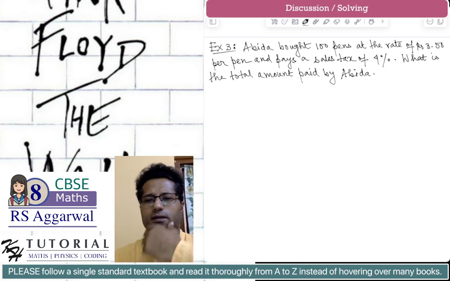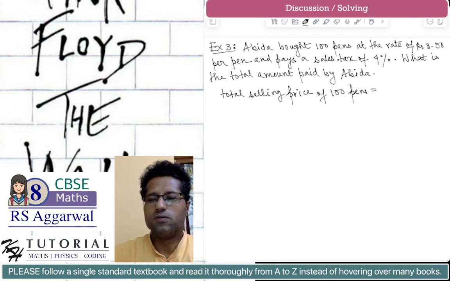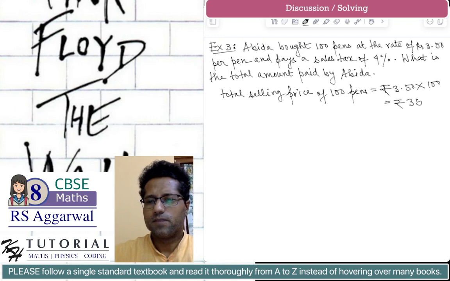So we can say that the total selling price of 100 pens is equal to rupees 3.50, the cost per pen, multiplied by 100, which is equal to rupees 350.